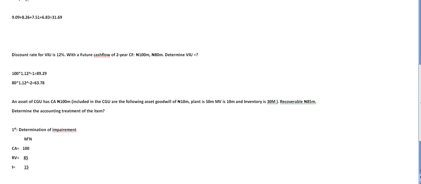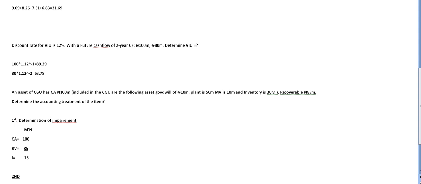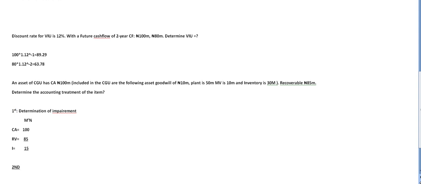Second, allocation of impairment. First to goodwill.